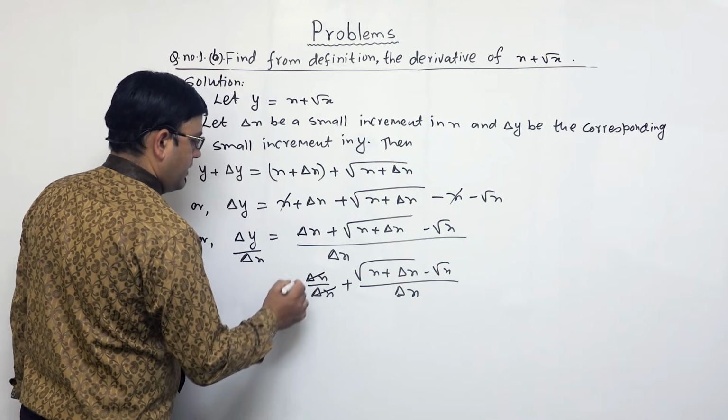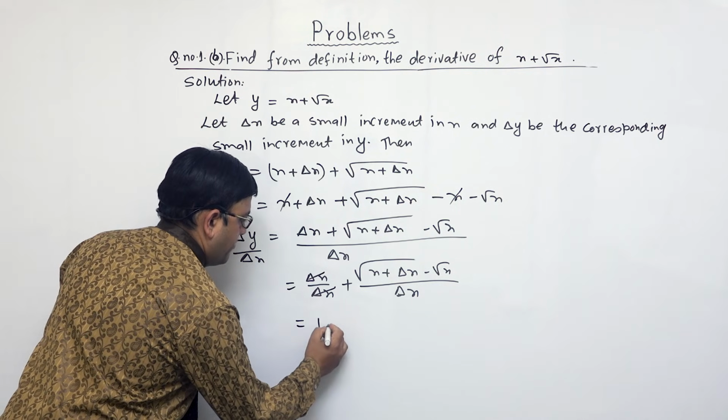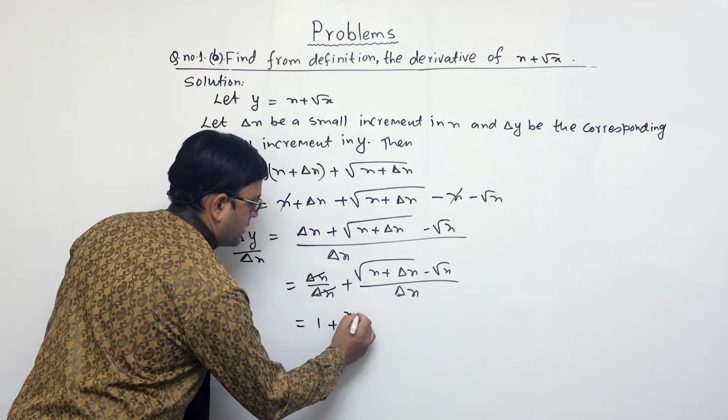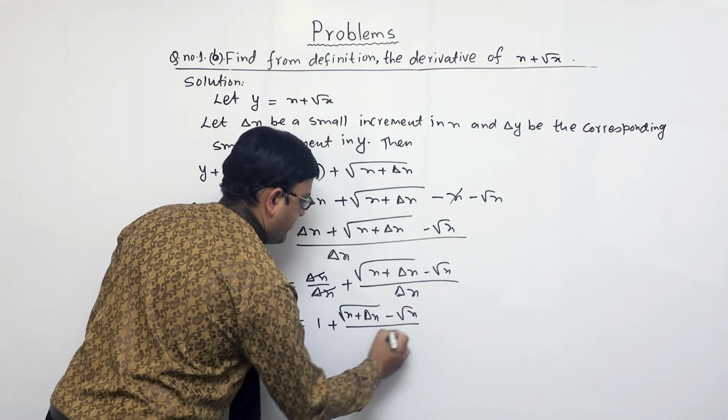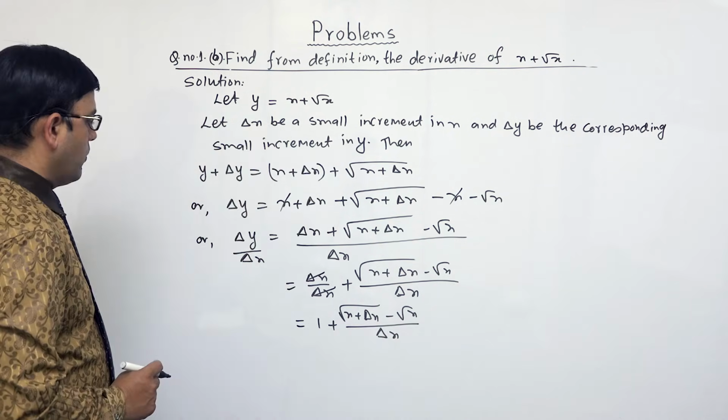This and this cancel, here is 1. This is equal to 1 plus root x plus del x minus root x by del x.